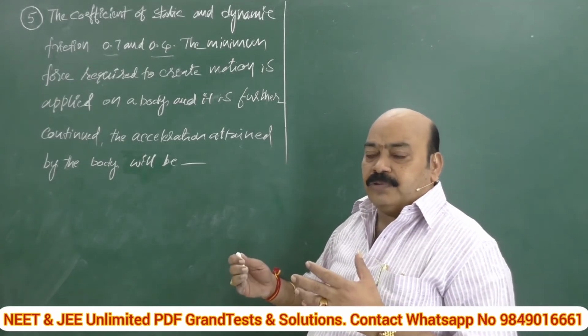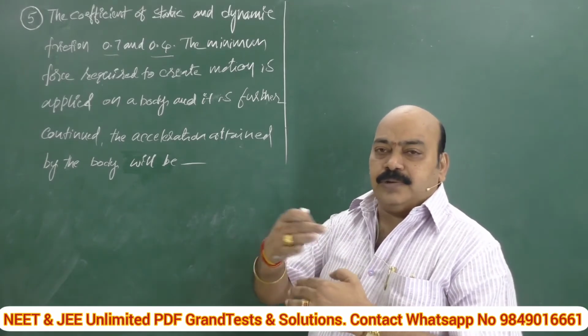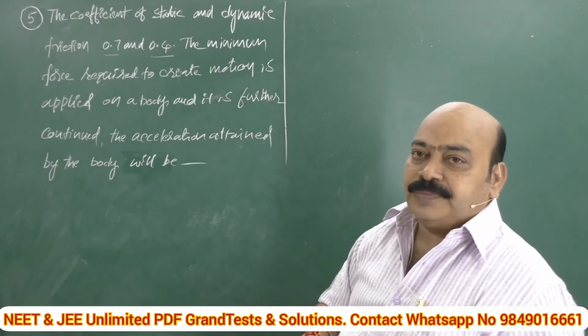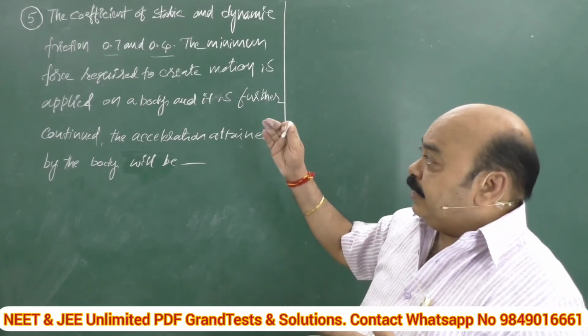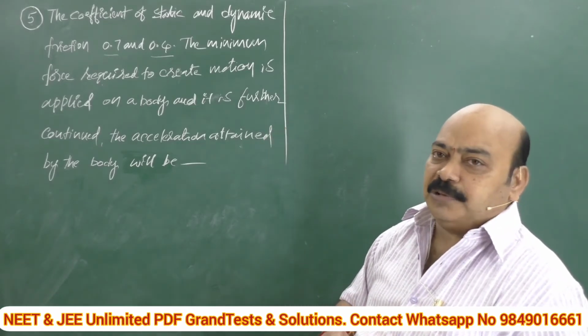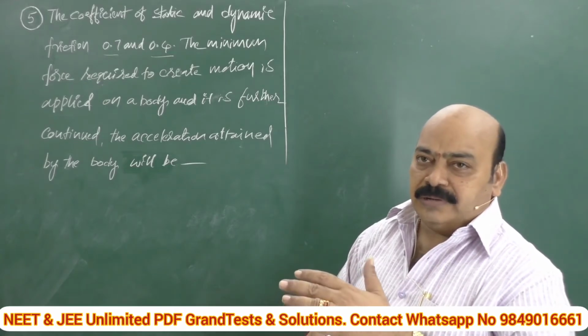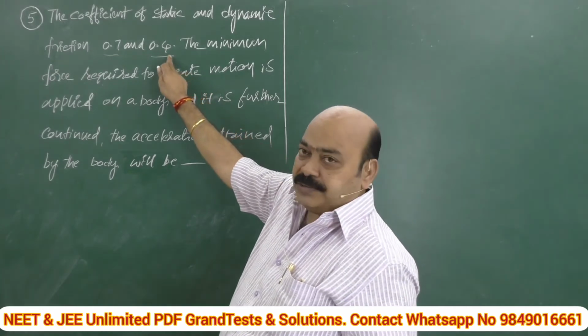The frictional force that comes into existence when a body just tries to move on the surface of another body is greater. Once a body is moved, that much force is not required to continue the motion. A small amount of force is sufficient to maintain that motion. That is why the coefficient of kinetic friction is less.